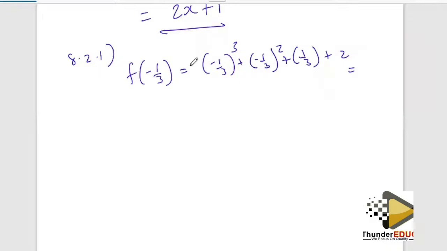So what are we getting? I'm getting 1/27, that is 1/9 plus 1/3, and that's a negative, and then plus 2. I'm getting 47/27.